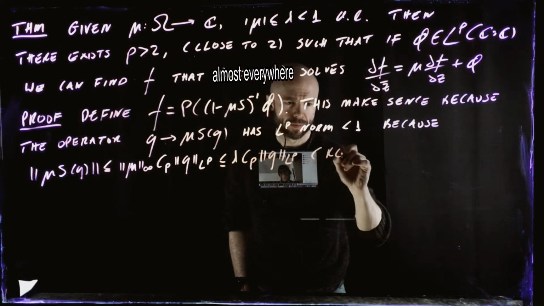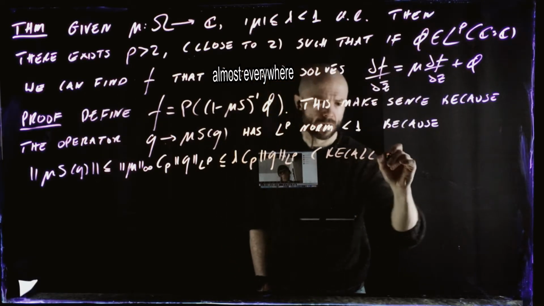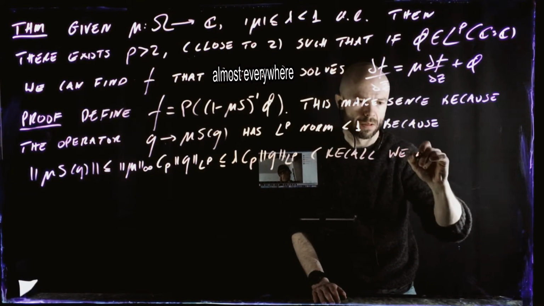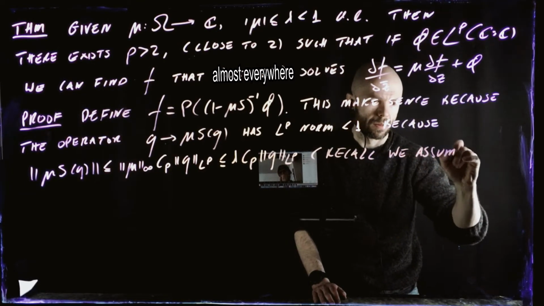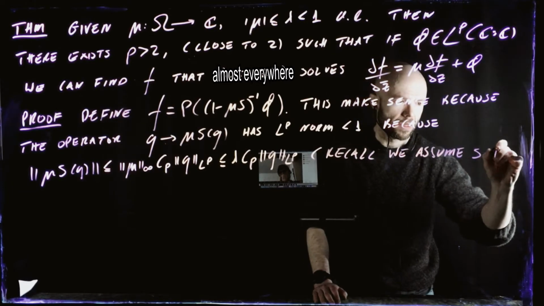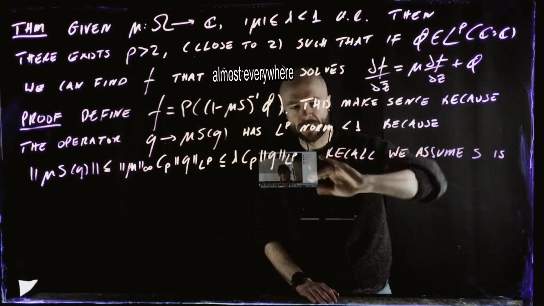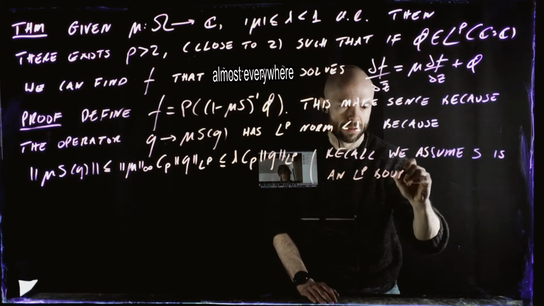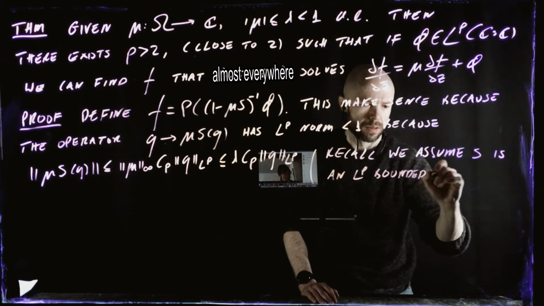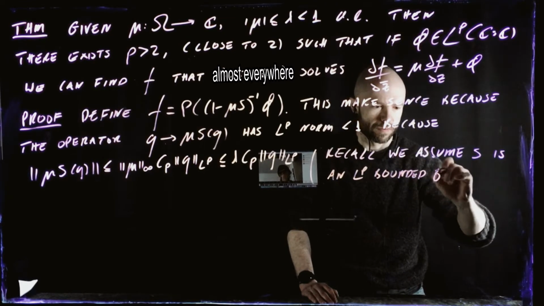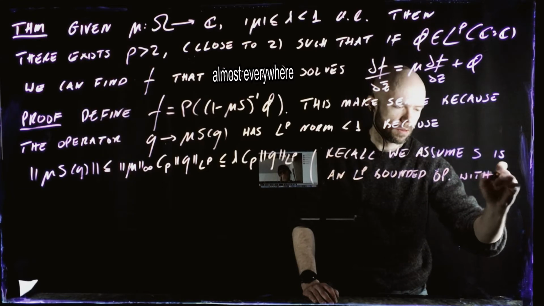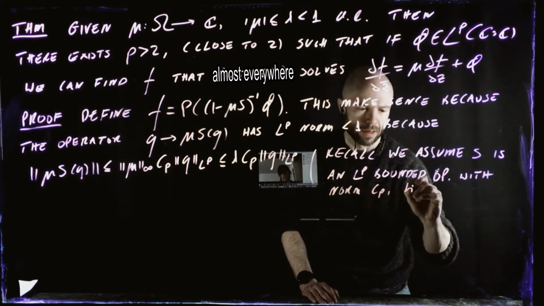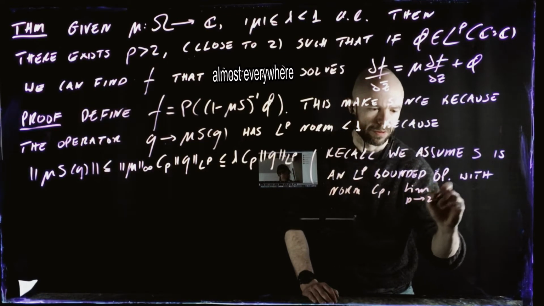So recall, what we assume is that S is an L^p bounded operator with norm C_p, and the limit as p goes to 2 of C_p equals 1.